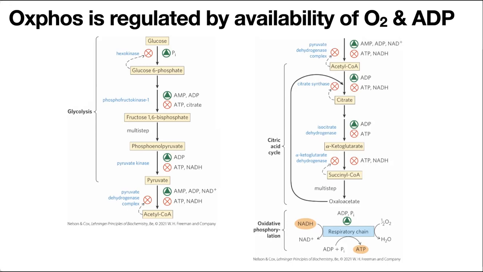There are also other regulatory methods, but bottom line is all of these are going to be interconnected, and the availability of oxygen and the availability of ADP are ultimately going to be what dictates that ox-phos can happen.